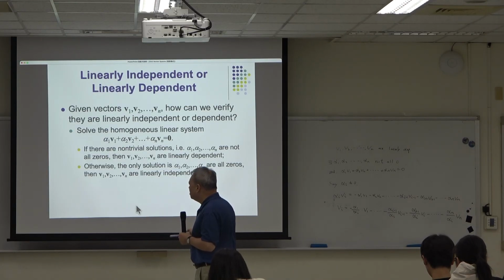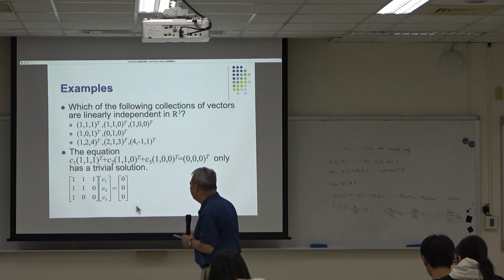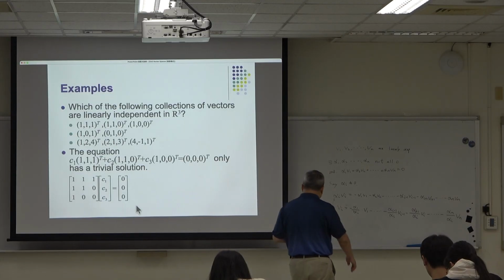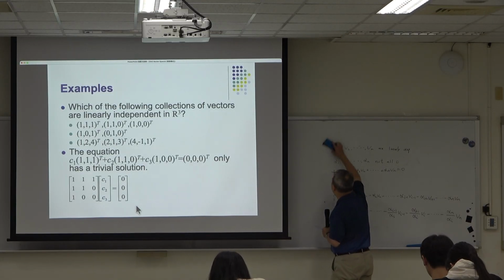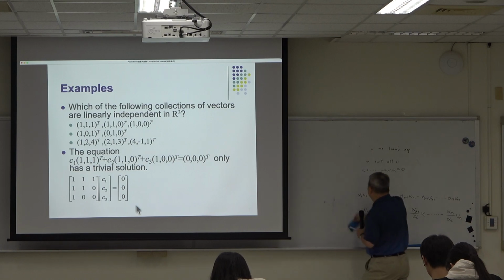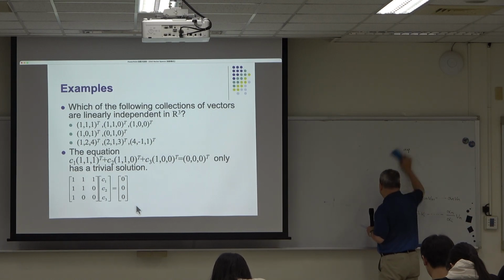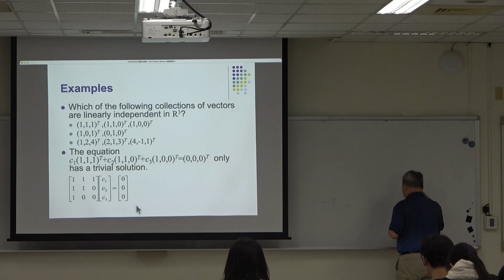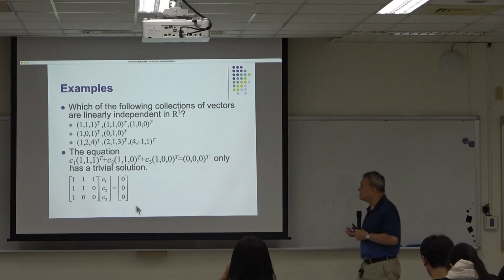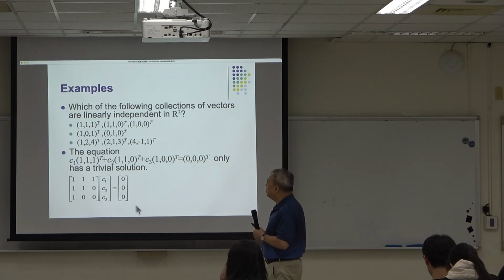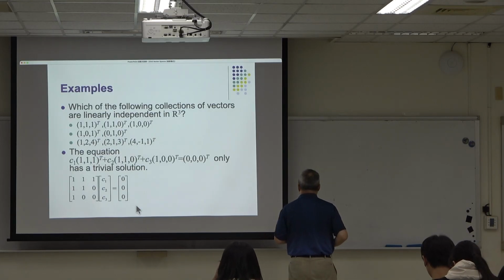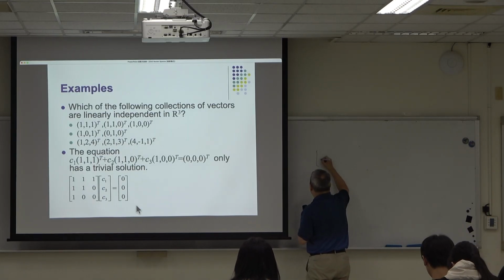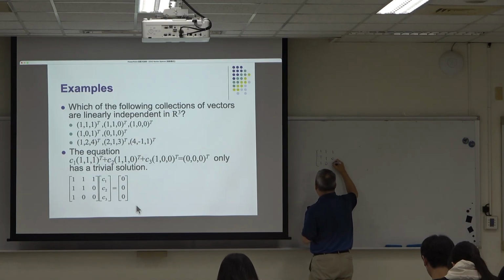But if you take my advice and write it as a matrix, you will find that it's actually much more convenient, especially when the matrix is square. So for example, the first one, 1, 1, 1, 1, 1, 0, 1, 0, 0, becomes the matrix 1, 1, 1, 1, 1, 0, 1, 0, 0.